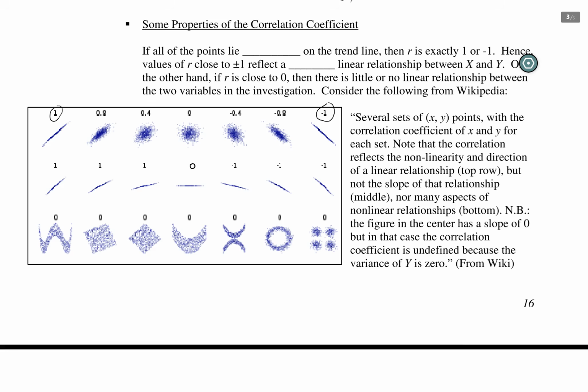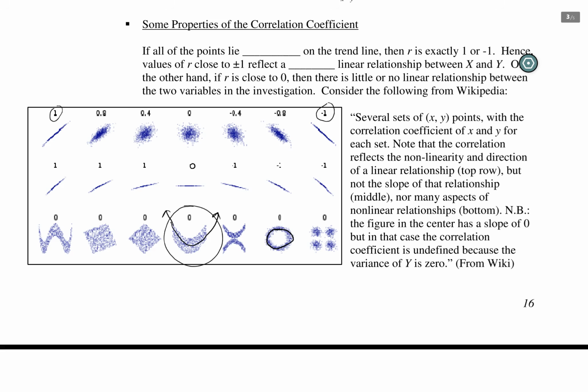So for example, when you look at this plot here, the correlation is 0, but it suggests that the relationship is parabolic. So maybe a quadratic function would fit that relationship. Here the relationship is circular, but still the correlation coefficient is 0. So be aware of this sort of thing.